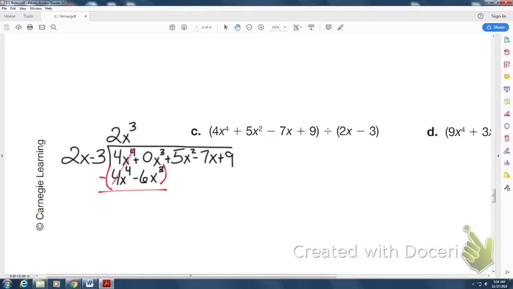Coach, wouldn't you put the 2x cubed over the 0x cubed? You can, yeah. Sometimes I forget to line up my answer. Doesn't change the answer.